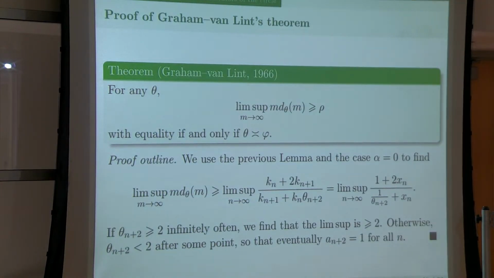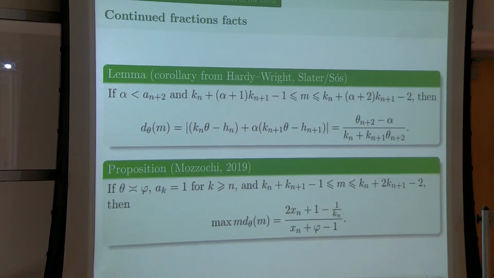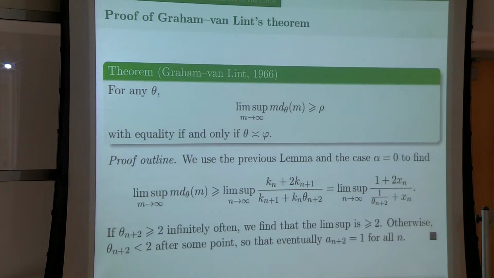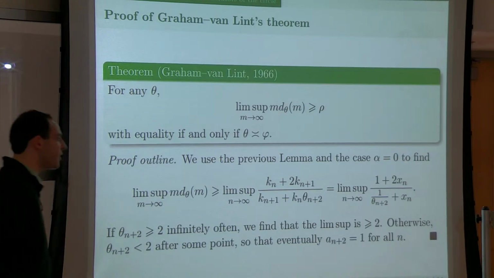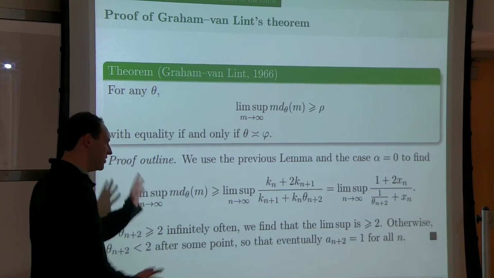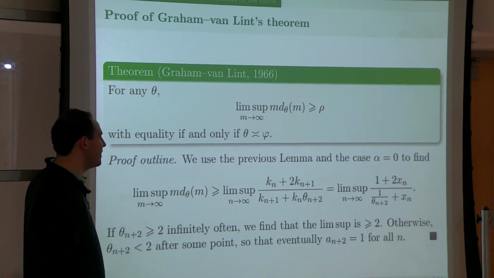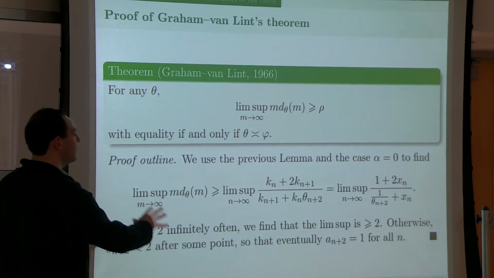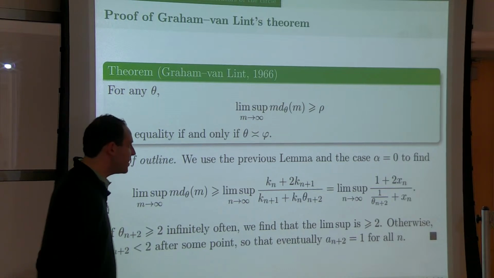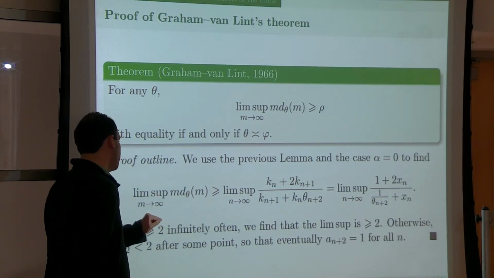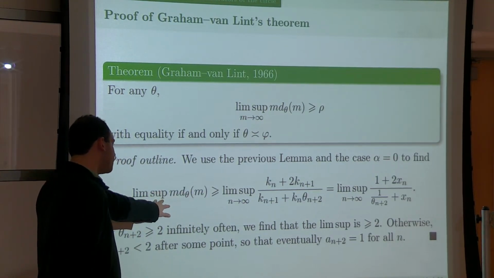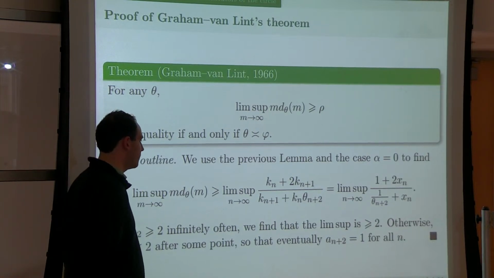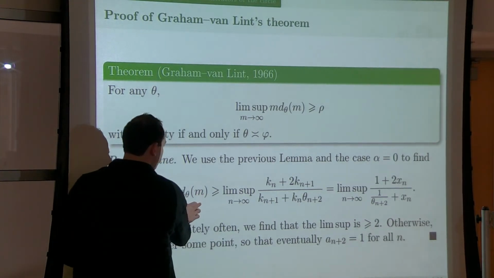And so using the first of those results, using this lemma, the top thing, we're able to prove van Lint's theorem. I'm going to skip over the algebra because the algebra is not the most annoying part. It's really the idea of how to use that result. So we're using the case alpha is 0, and we're saying that this lim sup of m d theta of m is at least, well, we know what m d theta of m is at least this.